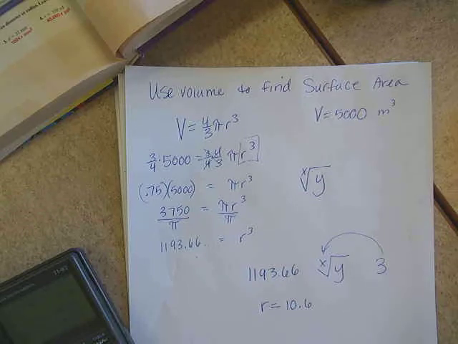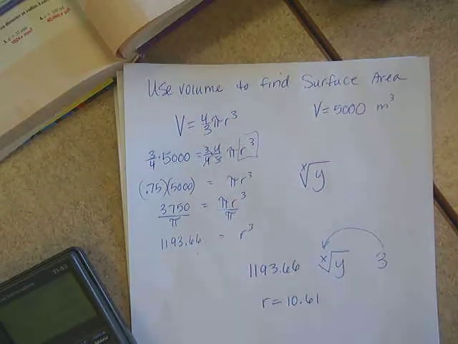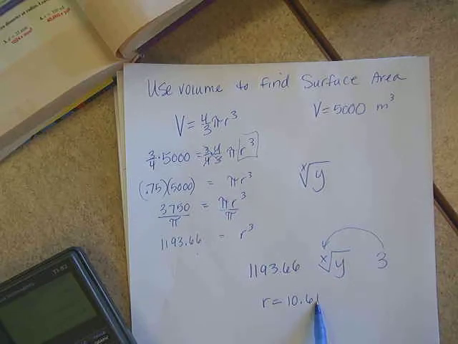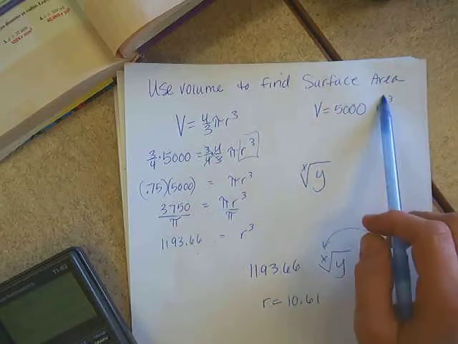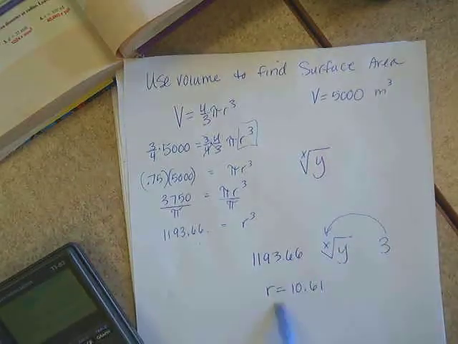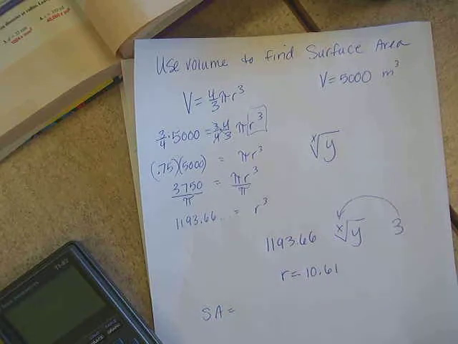So if you take the cube root of this number and you do it correctly, you should get r equals 10.6. Actually 10.607, so maybe we'll use 6.1 for your radius. You're not done, because all that gives you is the radius.